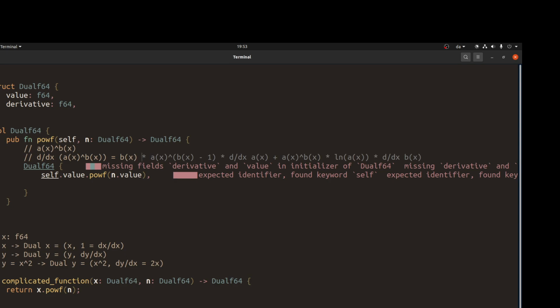Now let's see, and then it should be equal to this, but then we have to also multiply d dx of bx, and we also have to take the derivative with respect to a.